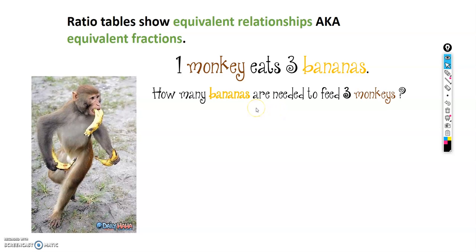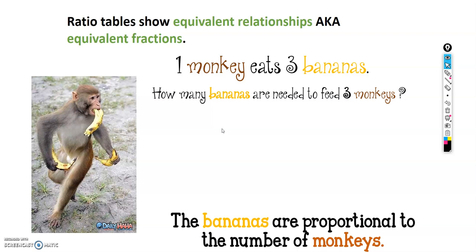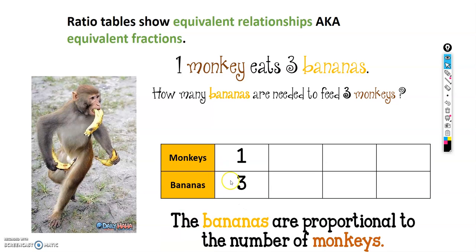So how many bananas are needed to feed 3 monkeys? We're going to use a ratio table to figure this out. And the bananas are going to be proportional to the number of monkeys. So for every 1 monkey, there has got to be 3 bananas. So let's go ahead and look at this.